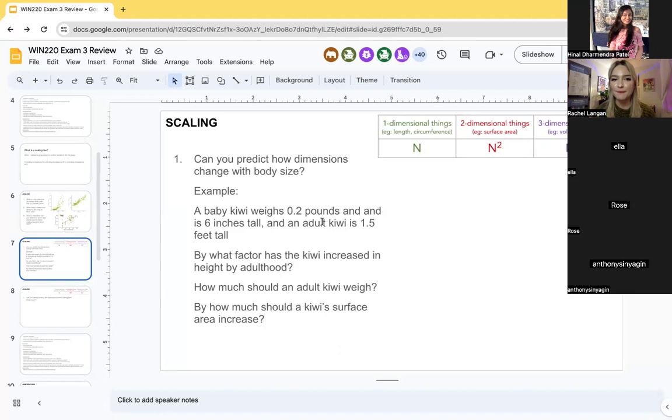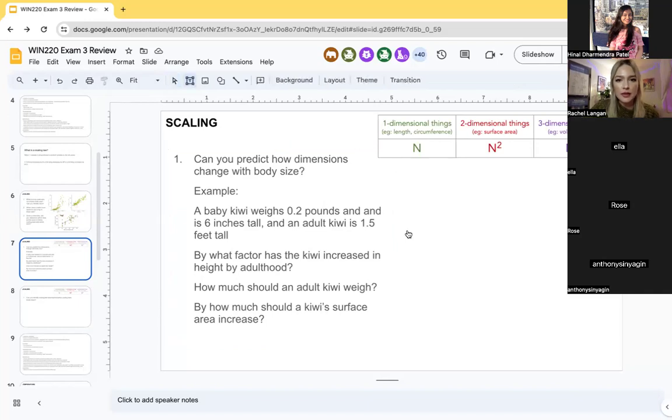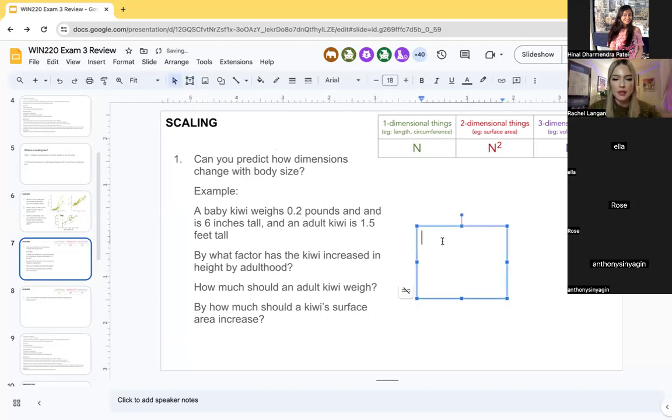Wait, can we go over that kind of example? Sure. So how would you calculate the surface area here? Yeah, so I guess what I'm saying is we know the surface area to volume ratio is N squared over N cubed, right?